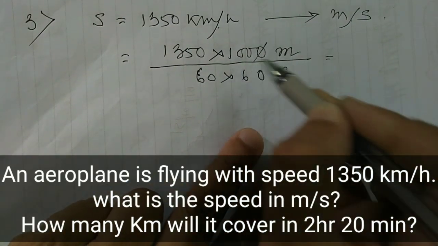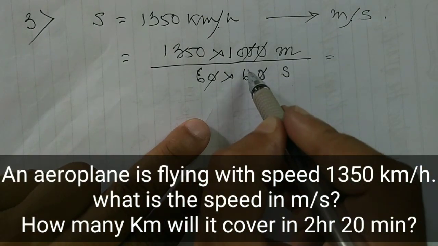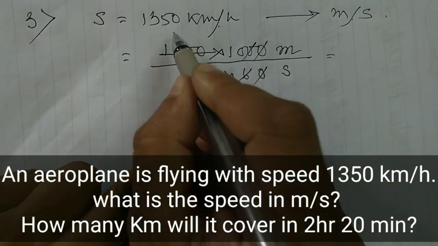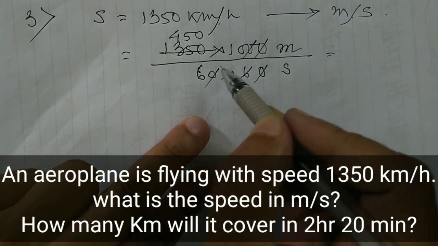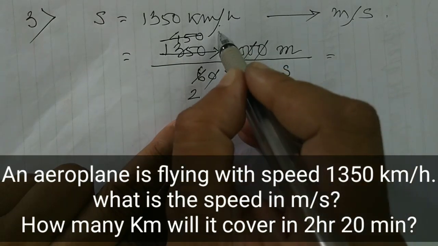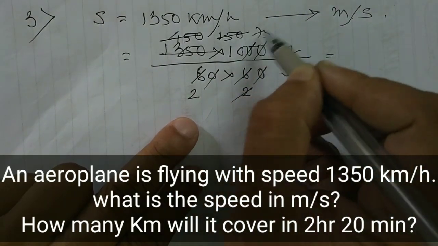Now let us cancel the zeros. Now by 3, 3 times 4 is 12. This one. Now again by 3, 150. By 2, 75.